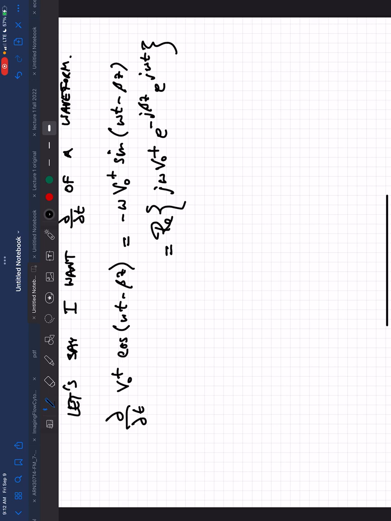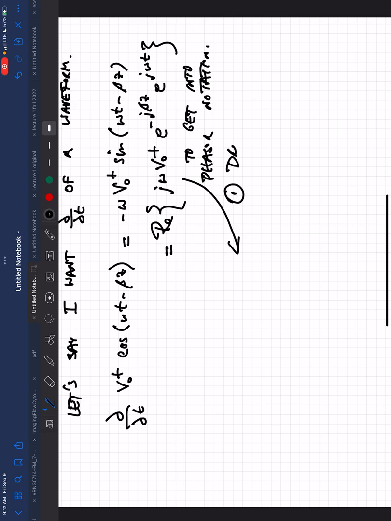Okay, so to get this into phasor notation, I'm going to do the following. I'm going to drop mention of the real part, and I'm going to drop e to the j omega t.